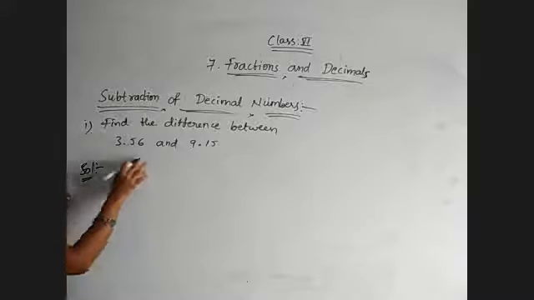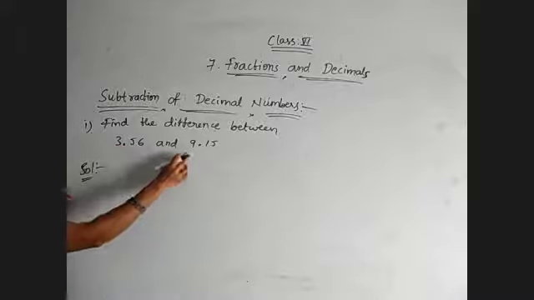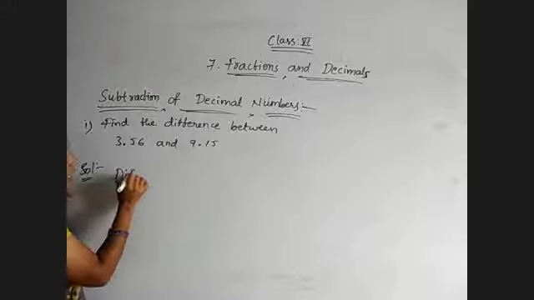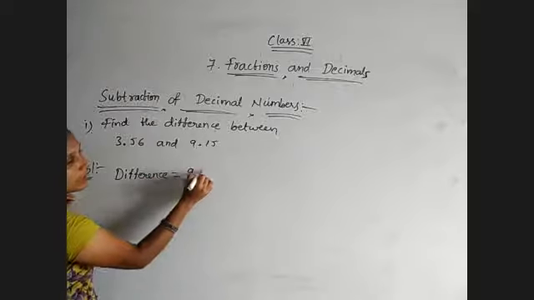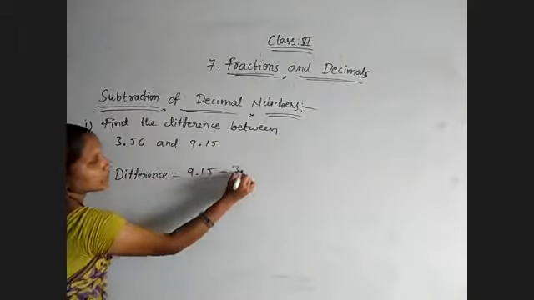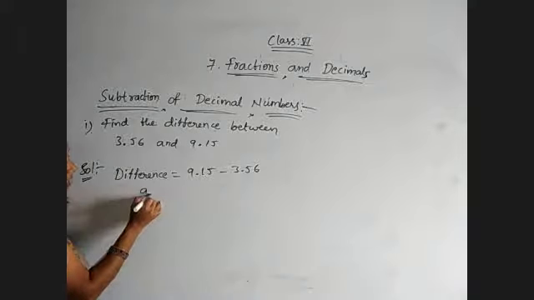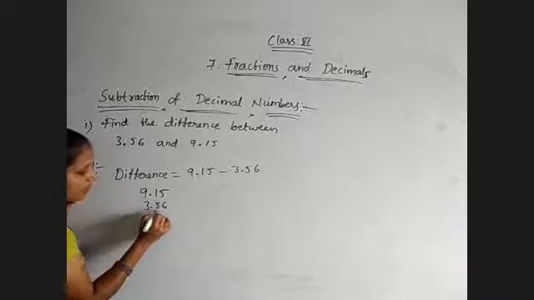Both are like decimals, and in the whole number part we have 3 and 9. So 9 is the bigger number. So the required difference is 9.15 minus 3.56. First arrange column-wise: 9.15 minus 3.56.